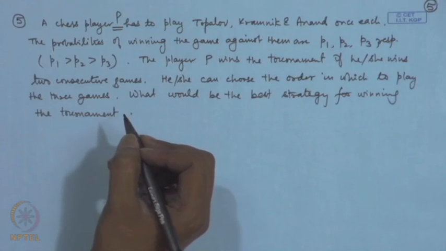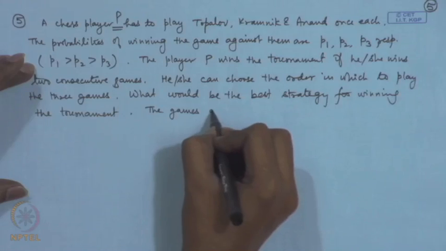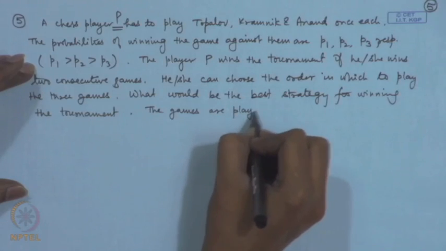And another thing that we make assumption that winning or losing in one game should not have any effect on the winning or losing of another game. The games are played independently.